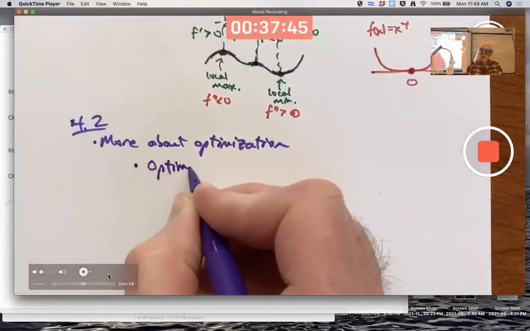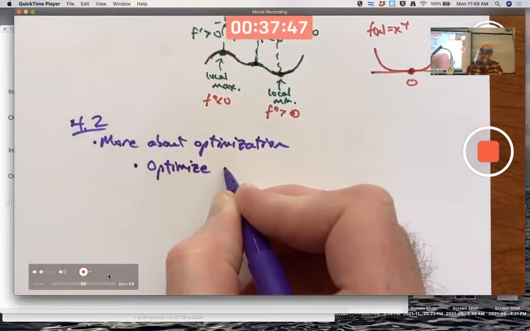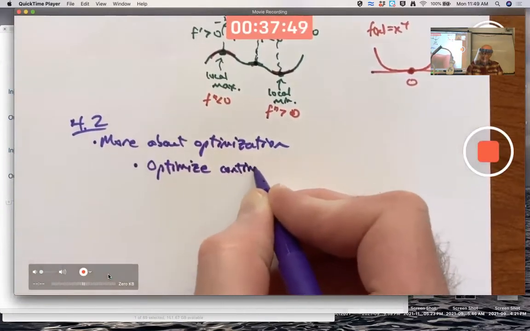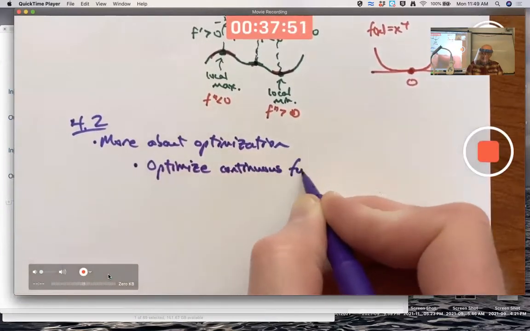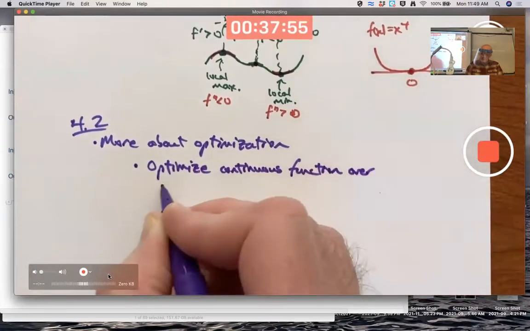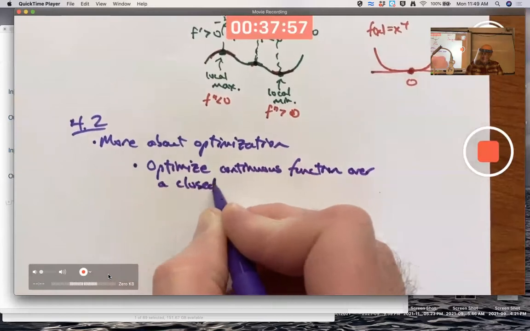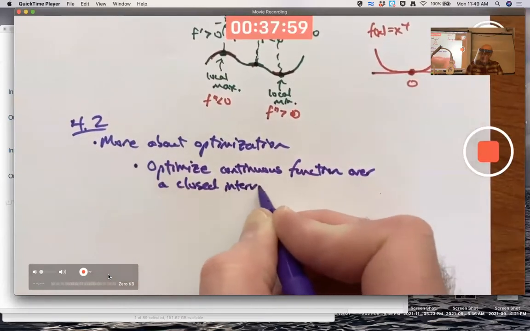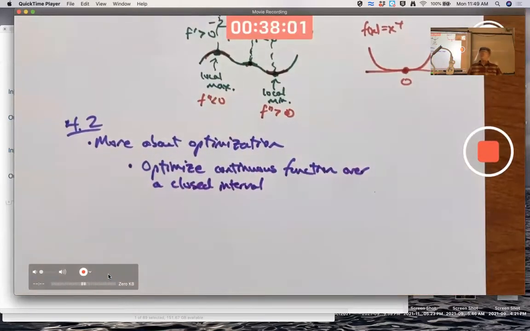Optimize a continuous function over a closed interval if we're after global extrema. They don't have to occur at the critical points. They could occur at the endpoints.